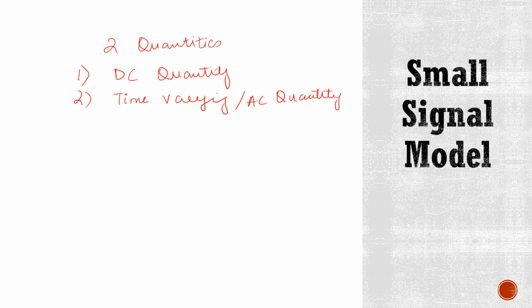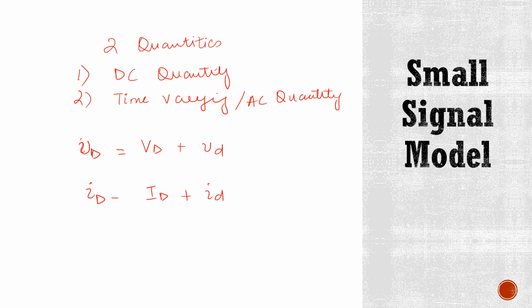Now in this case, we express the voltage across the diode as the sum of DC voltage and time varying voltage, which is equal to vD. Correspondingly, the diode current will be ID plus id is equal to iD.